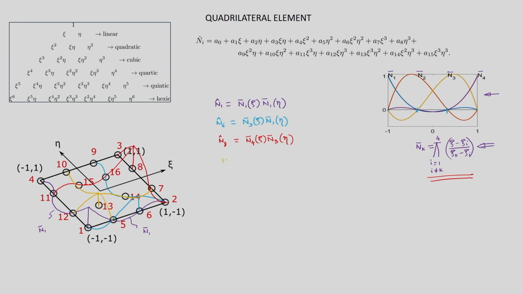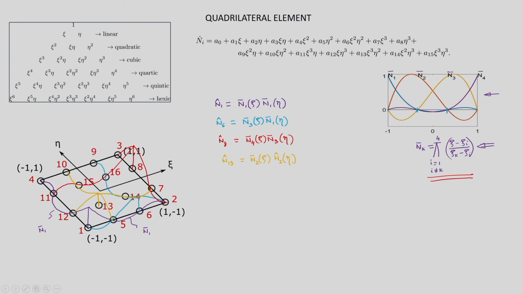So, n13 will be the second shape function in xi direction and the second shape function in eta direction. So, these are basically the same as if we construct it through tensor product, alright.